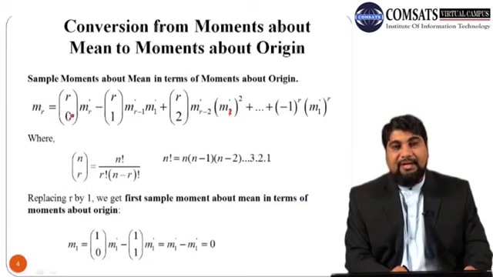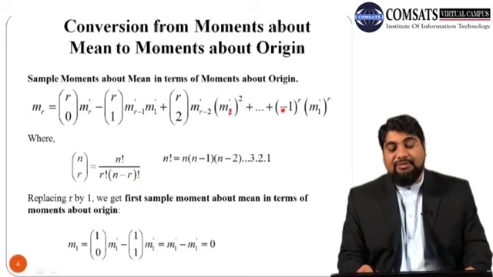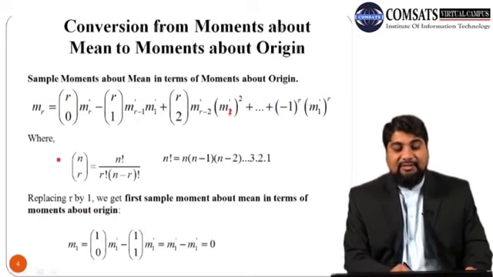This is equal to rC0 m dash r minus rC1 m dash r minus 1 into m dash 1 plus rC2 m dash r minus 2 into m1 dash whole square plus and so on, minus 1 raised to power r m1 dash power r. So here this rC0, rC1, this is used for combinations.